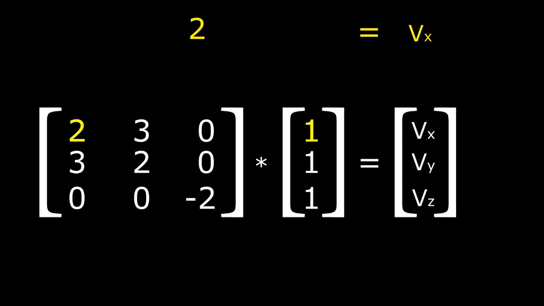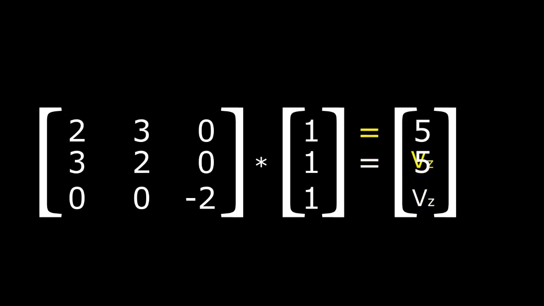2 times 1 equals 2, 3 times 1 equals 3, 0 times 1 equals 0, 2 plus 3 plus 0 equals 5, the first component of our new 3x1 matrix or vector. Going to our second row, 3 times 1 equals 3, 2 times 1 equals 2, 0 times 1 equals 0, 3 plus 2 plus 0 equals 5, the second component of our new matrix.